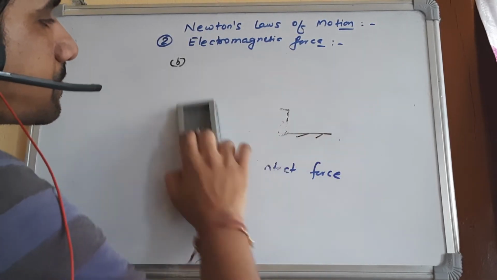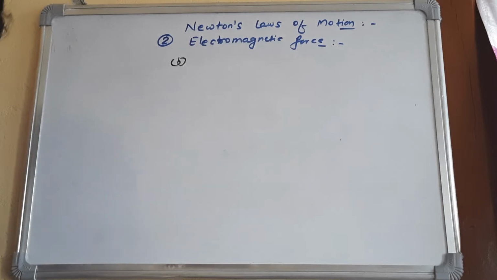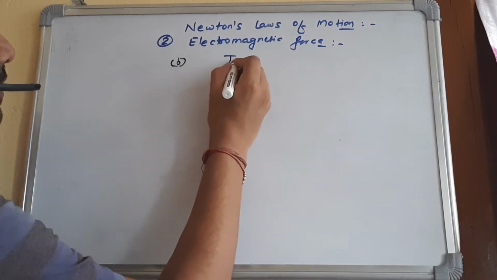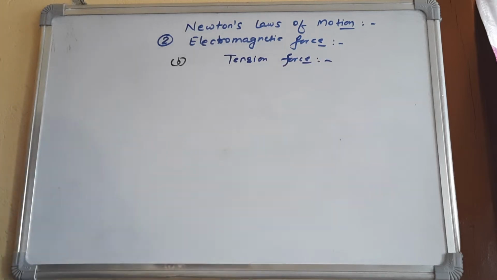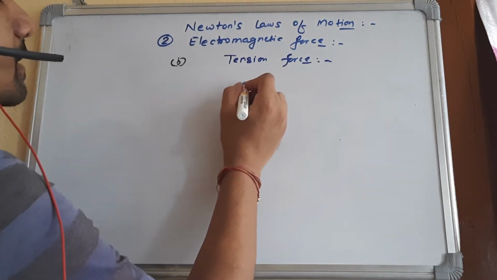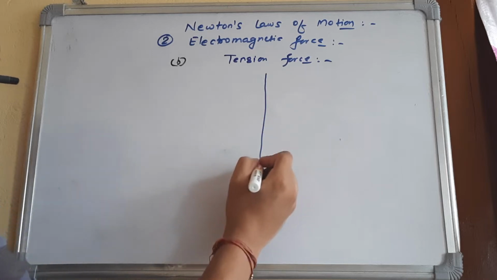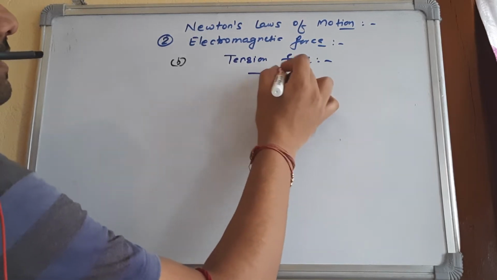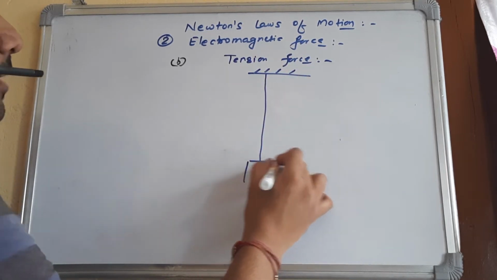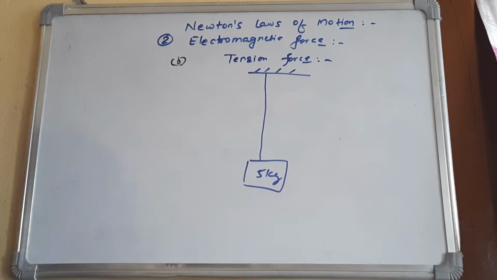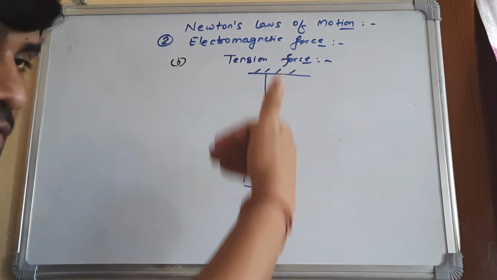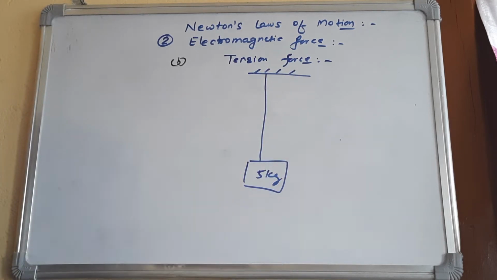Let's say tension. So tension force. Let's say there is a string, right? This is a string, it is hanged here, and I attach a block here of mass, let's say 5 kg, anything, 5 kg. So now this string will become taut, right?